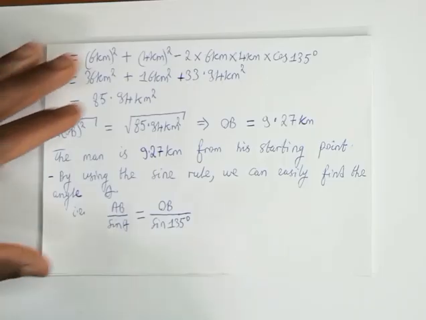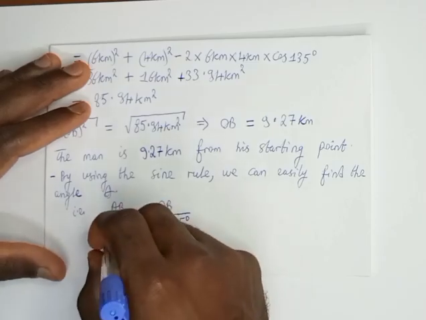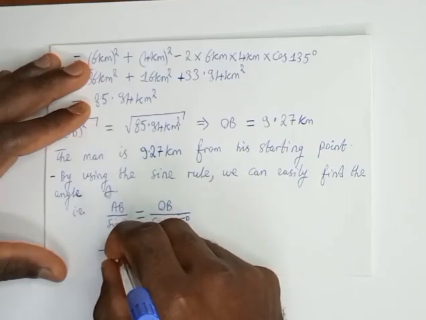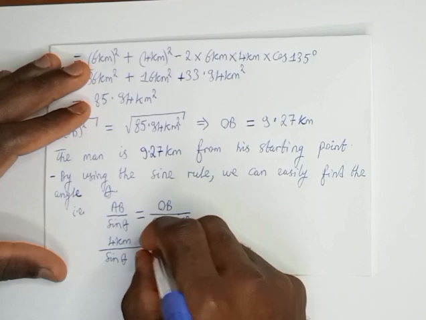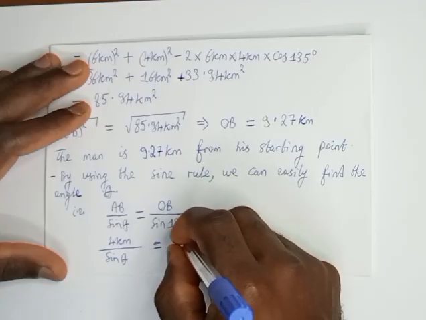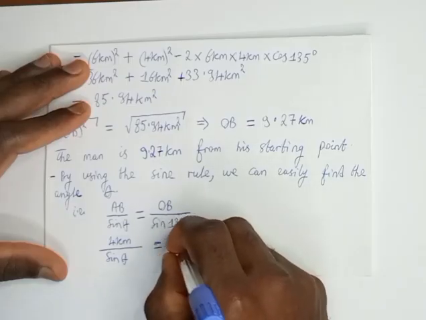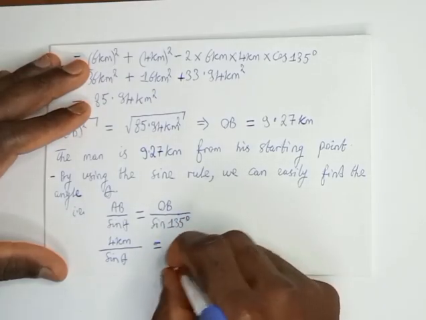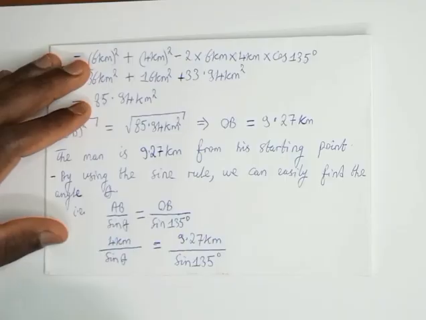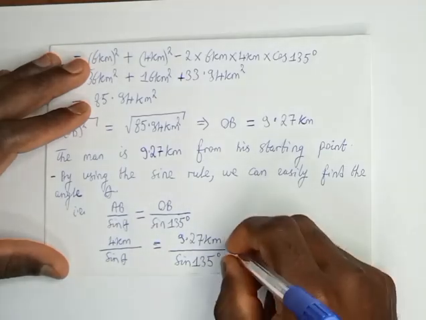In setting their values, we know AB is equal to 4 kilometers all over the sine of the angle theta. We don't know the angle theta. This is equal to OB, which is 9.27 kilometers. We have to divide this by the sine of 135 degrees. Next step, we are going to perform cross multiplication.